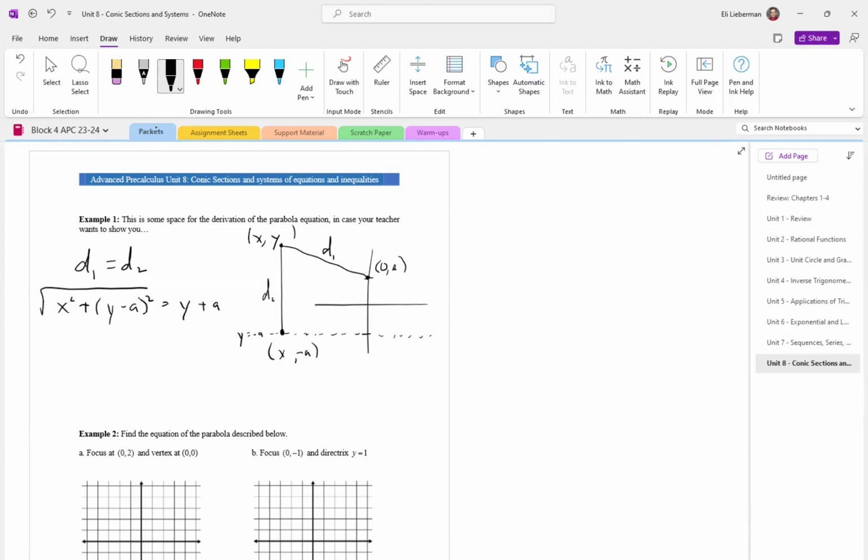Now what I want you to do is go ahead and pick up your pencils, catch up to this, and simplify it so that x's are on the left, y's are on the right.